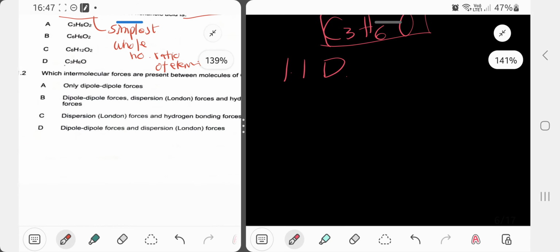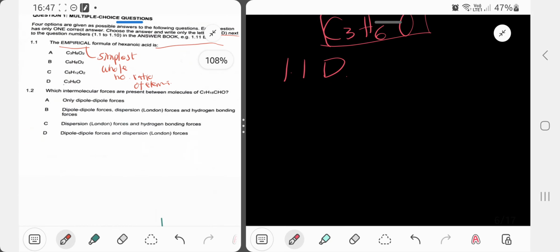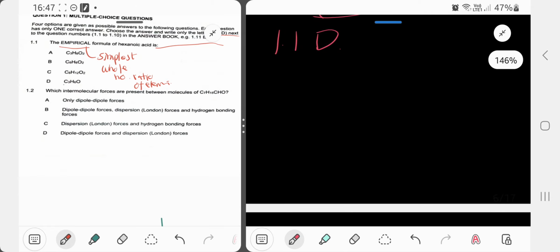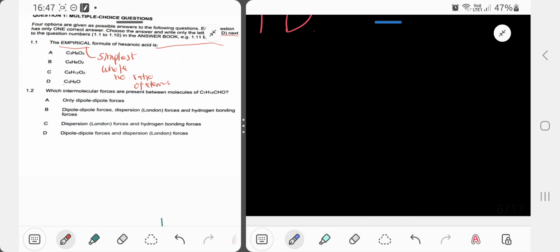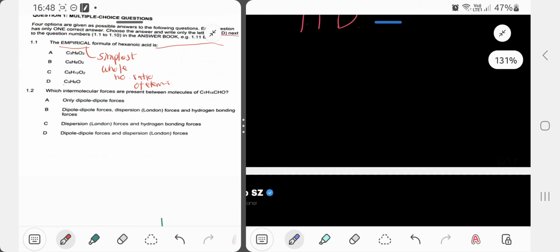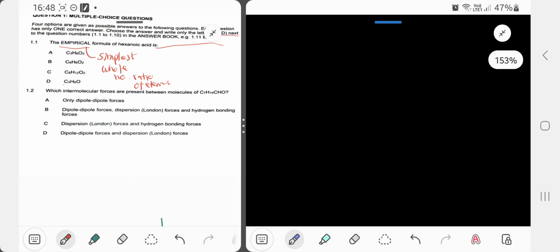Now 1.2 says, which intermolecular forces are present between the molecules of C7H15CHO? Let's just be safe. Let's draw this thing, let's not think about it too much. Let's draw, and then we count, and then we see which one is which. So C7, so that's a hepta: 1, 2, 3, 4, 5, 6, 7.